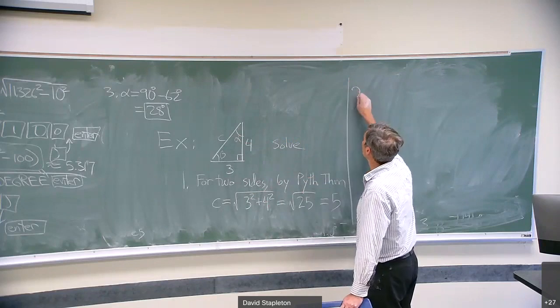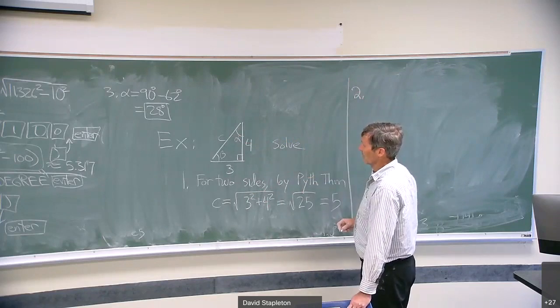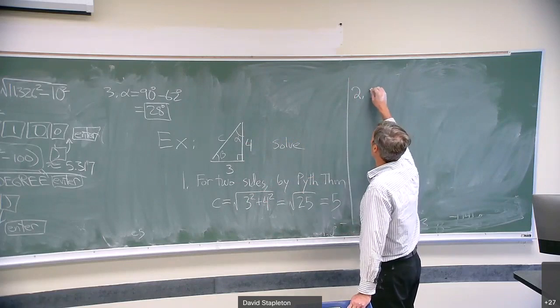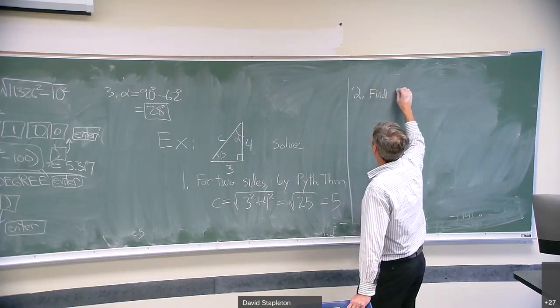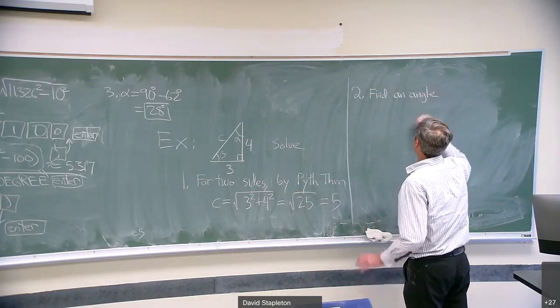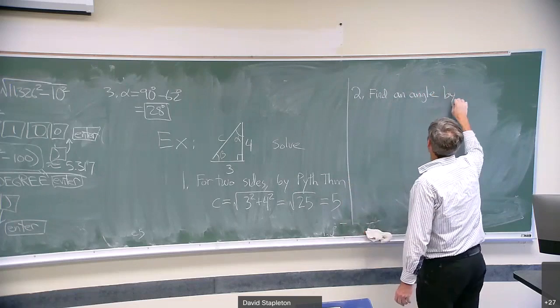But you can do that whenever you're given two sides, even if it doesn't come out to be a nice whole number. The second step when you're given two sides now is to use trigonometry to solve for one of the angles. And here's the hard part. You find an angle, either one you want, by inverse trigonometry. What's that?